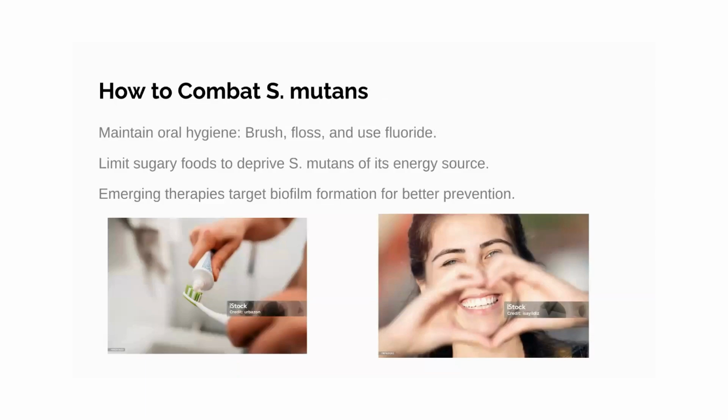Also limiting sugary foods deprives Streptococcus mutans of its main energy source. Finally, new therapies targeting its biofilm-forming ability are promising for the future. So by taking all of these steps, we can protect our teeth and our overall health.